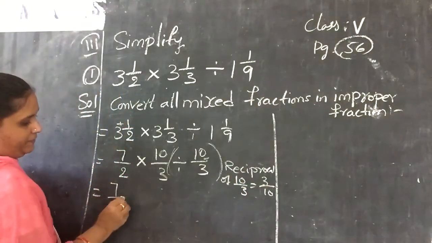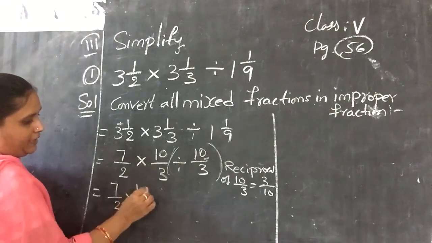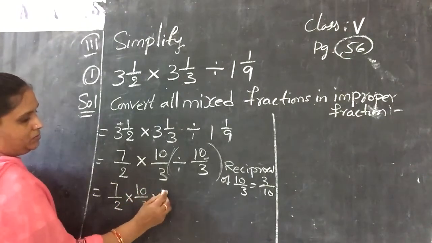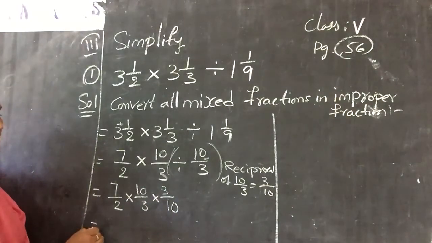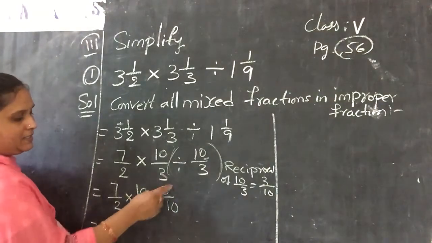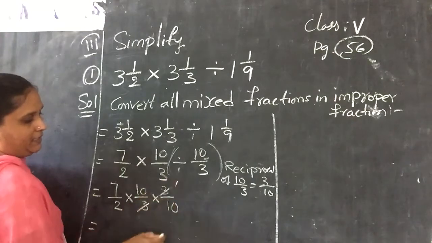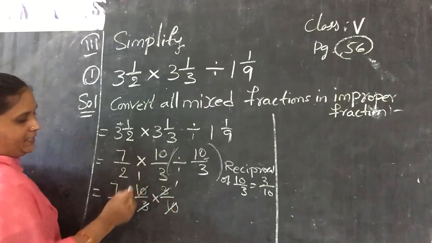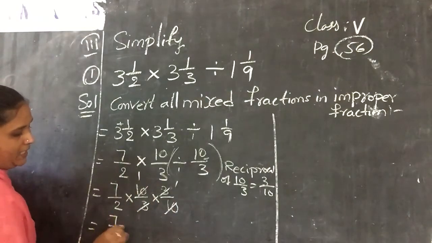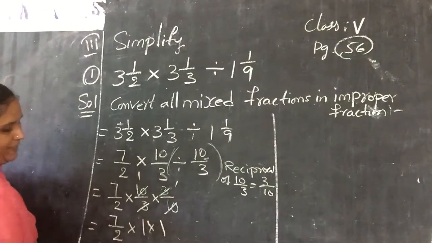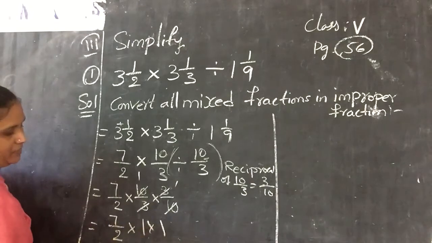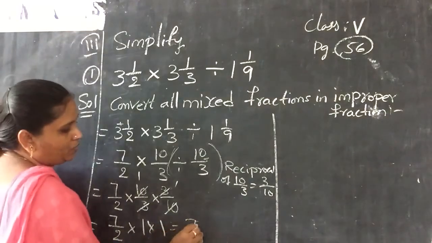So write 7 by 2 into 10 by 3 into 3 by 10. Here you can see the cross division. 3 ones are 3, 10 ones are 10. The remaining numbers are 7 by 2 into 1 into 1. So the answer will be 7 by 2 only.